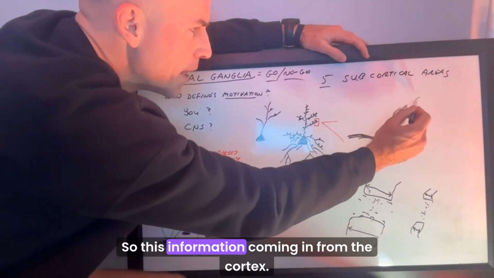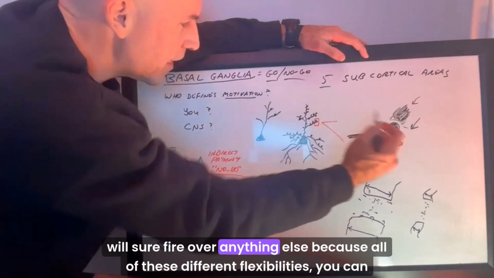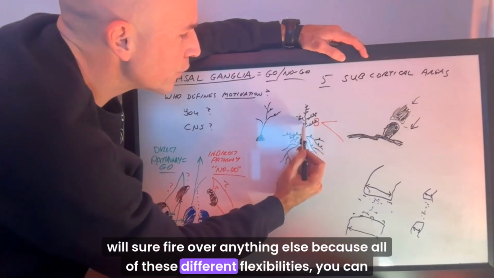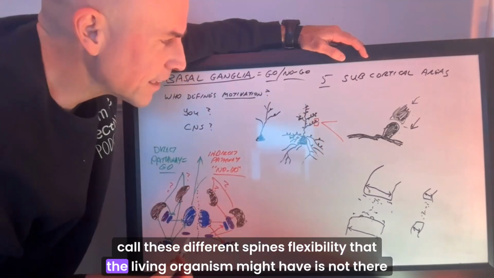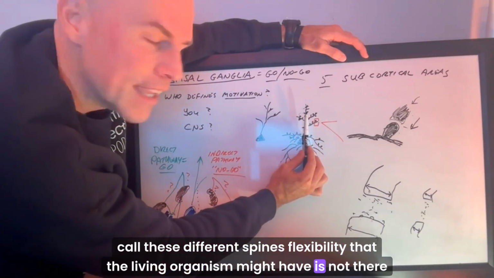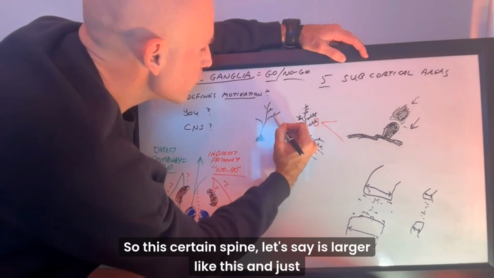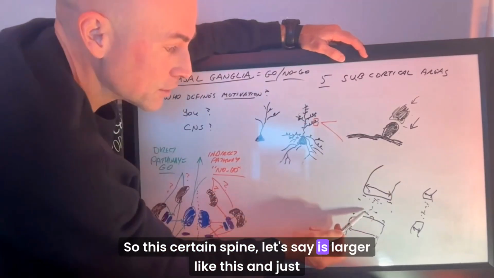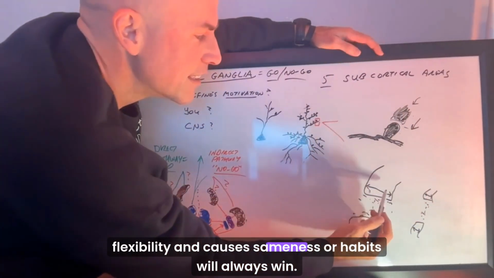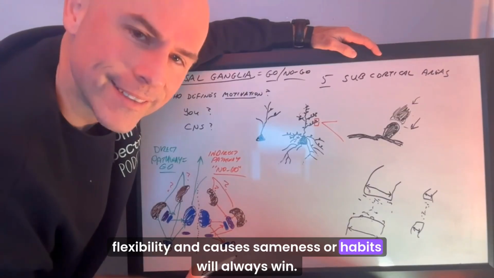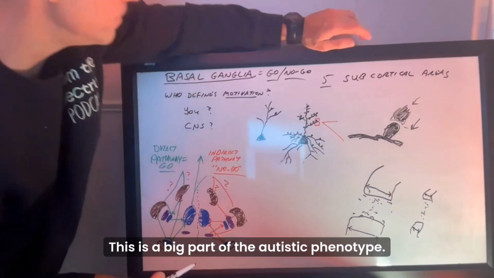So this information coming in from the cortex will sure fire over anything else, because all of these different flexibilities, you can call these different spines flexibility, that the living organism might have is not there with the autistic phenotype cell. So this certain spine, let's say, is larger like this and just limits flexibility and causes sameness or habits, will always win. This is a big part of the autistic phenotype.